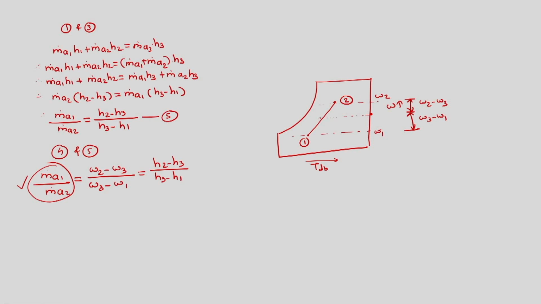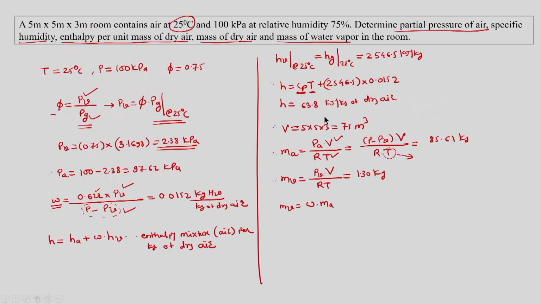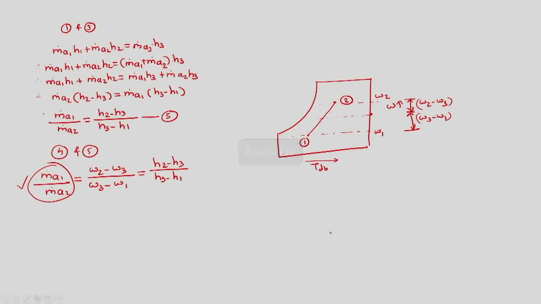We will cut this straight line where the ratio of these differences is equal to the known left hand side, and then we can know the state 3.